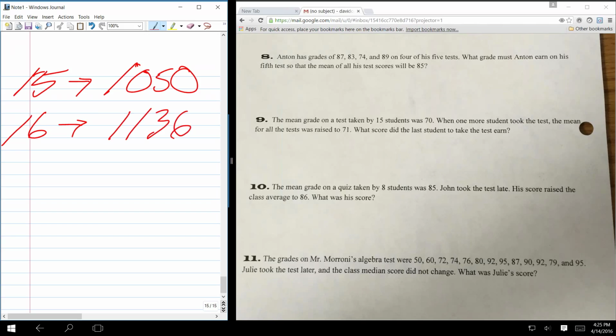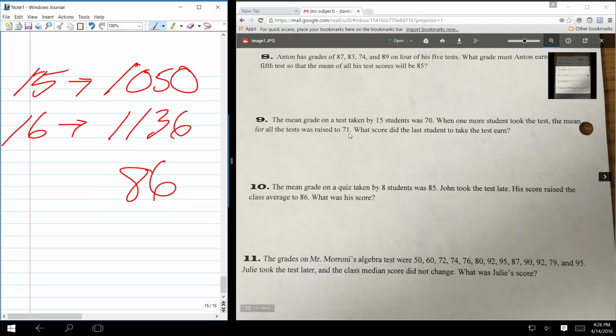Which is 16 times 71. Yep. That tells you what the score of that 16th student was. What is it? He got 86. Right.